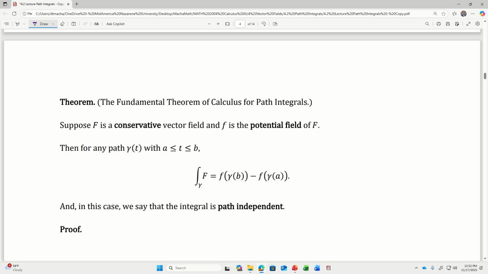You can go down the north face, the south face, the east face. It doesn't matter how you hike down the mountain. You still get the same change in gravitational potential. It turns out the gravitational field is a conservative vector field. It's a vector field because it acts in a particular direction, and there is a potential field because we can talk about gravitational potential energy.